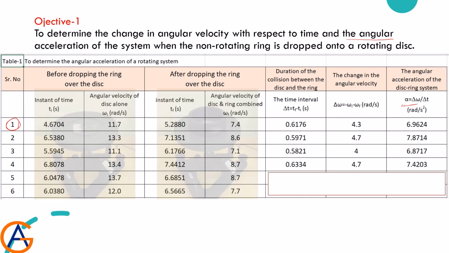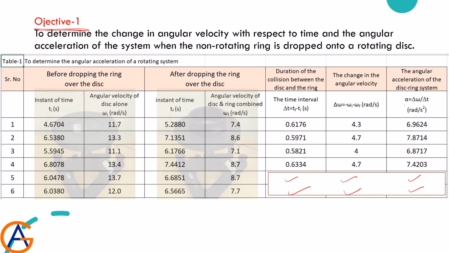For different trials we got different angular accelerations of the system. The last two are kept vacant for you, so please calculate them if you understand this. So we have completed our objective 1.